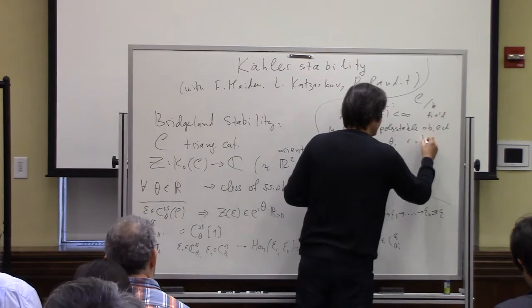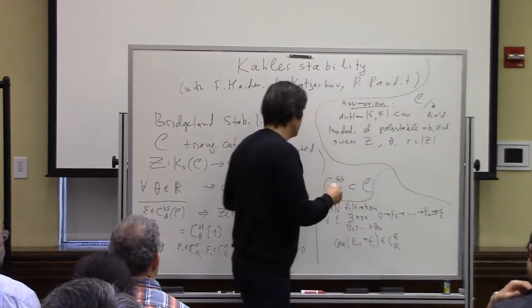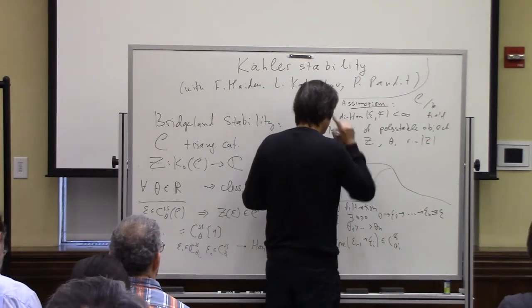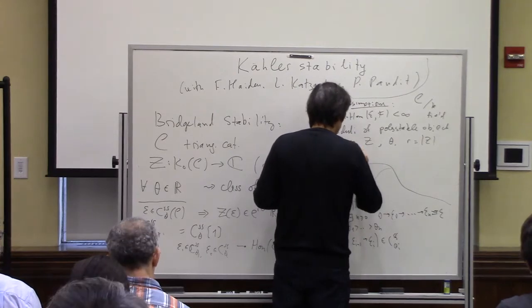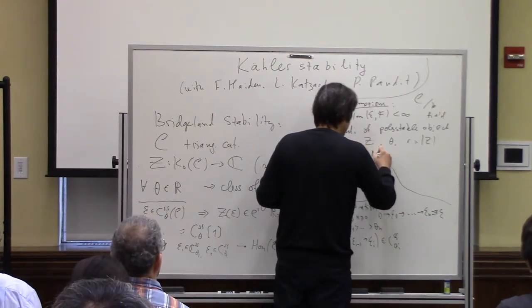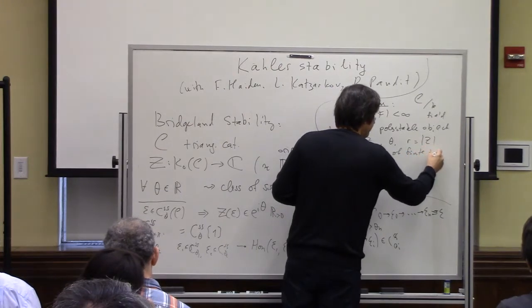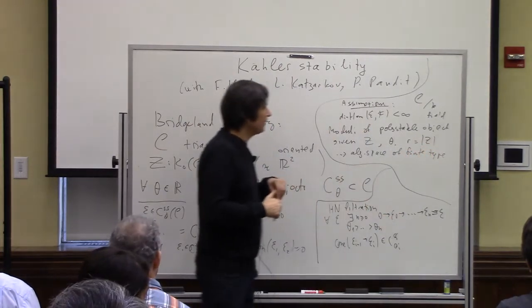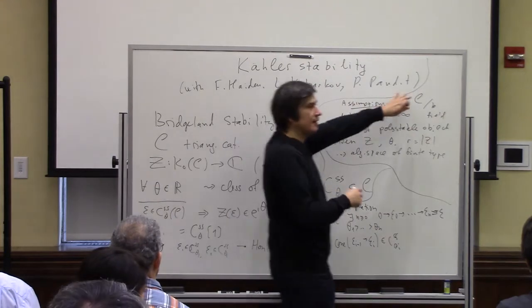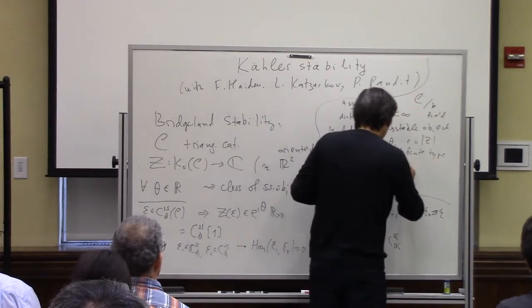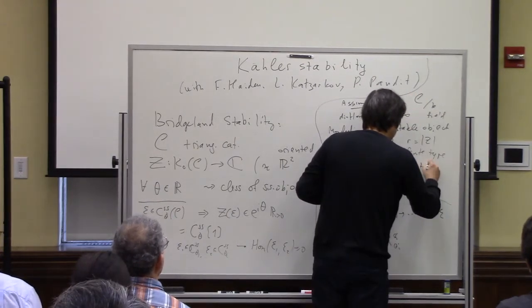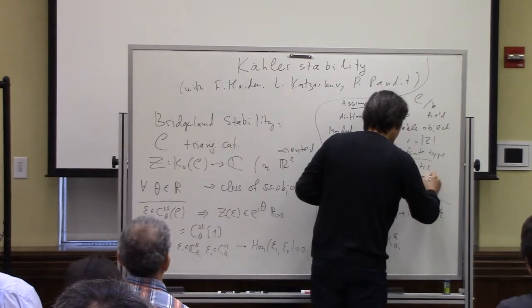R is the absolute value of Z, the length of this charge. Then this moduli space should be, let's say, an algebraic space of finite type. Or if you do some analytic geometry, it should be an analytic space, if K is the complex numbers or non-Archimedean.